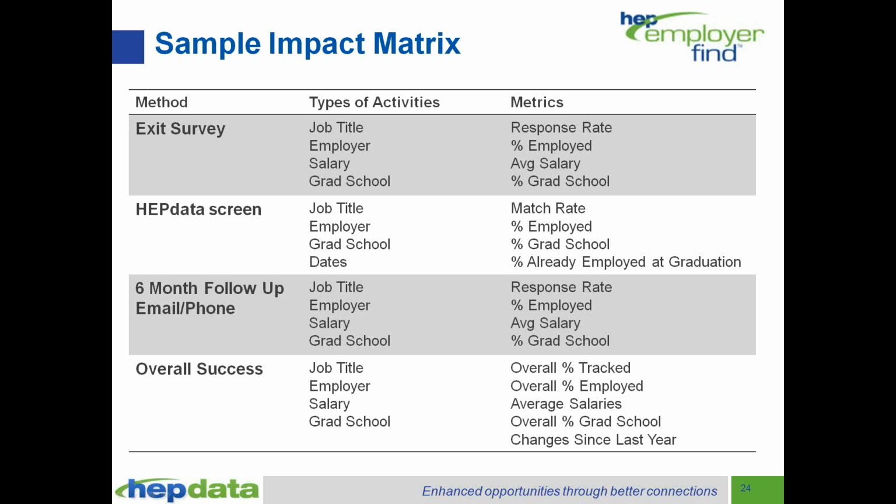So as part of that, job title, employer, salary data, grad school, and then you want to be able to assess the overall success of all of your methods. And so you want the overall percentage tracked, overall percent that are employed, average salary, percent that go to grad school, and then changes or improvements since last year.